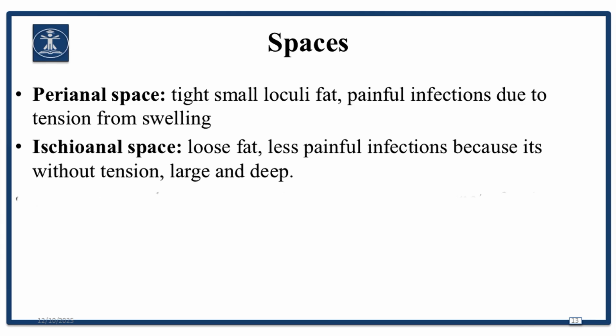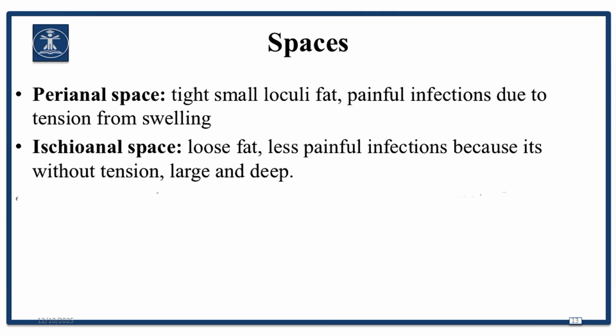So perianal means around the anal canal. So it is a space around the anal canal, and it is small, very close to the exit of the anus, and it is embedded subcutaneously under the skin.